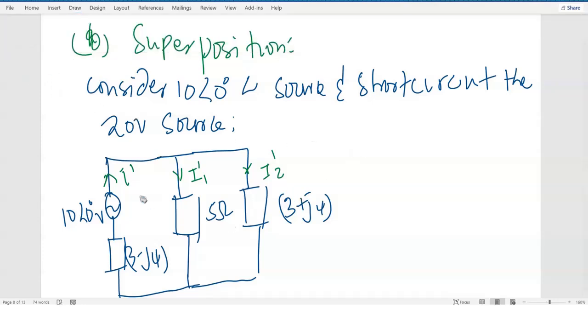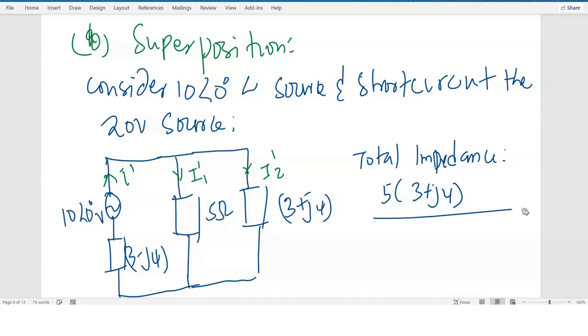Let's proceed. Now, what we're going to do is look for the total impedance. These are two parallel impedances, so I multiply them and divide by the sum: 5 times 3 plus J4, all divided by 5 plus 3 plus J4. Then remember they are in series with this, so I add 3 minus J4.